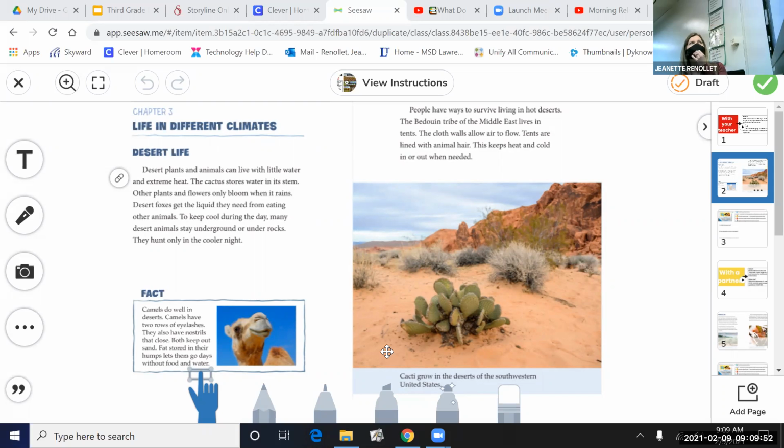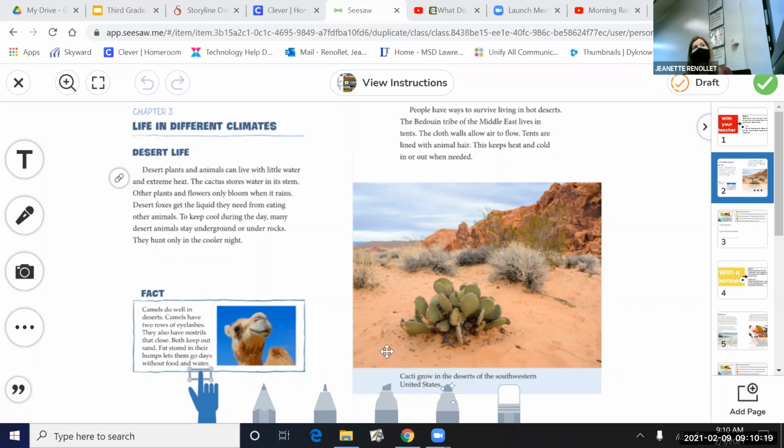Here we go. Life in different climates. Desert life. Desert plants and animals can live with little water and extreme heat. The cactus stores water in its stem. Other plants and flowers only bloom when it rains.